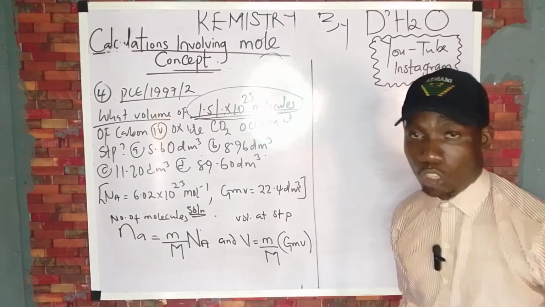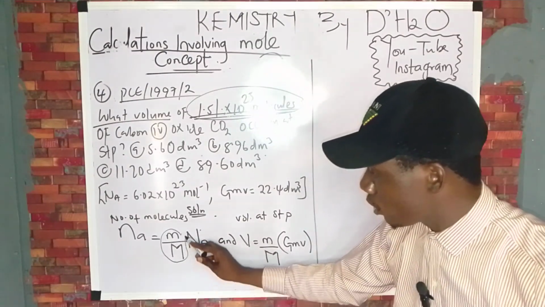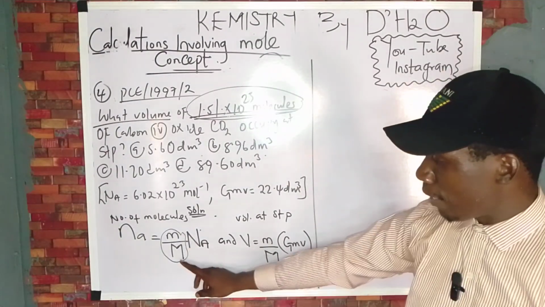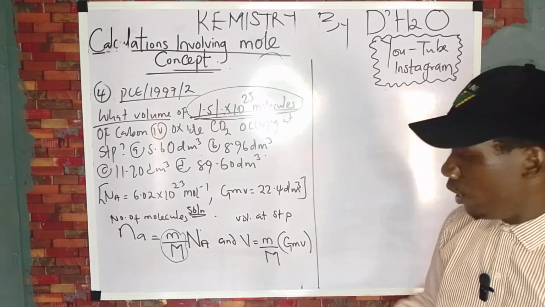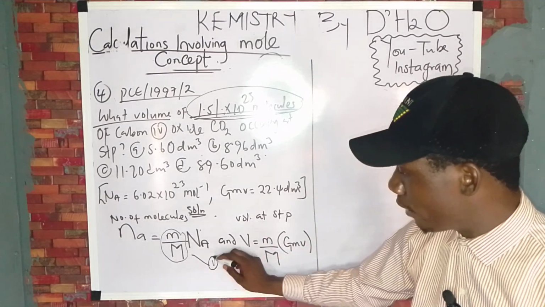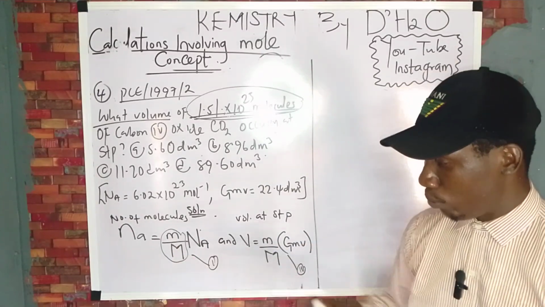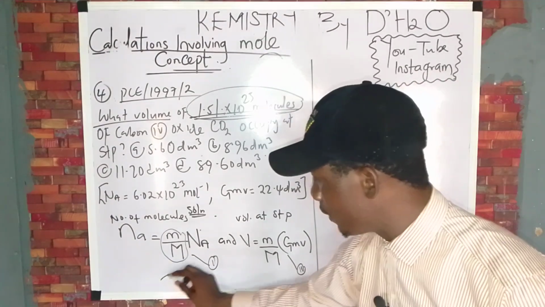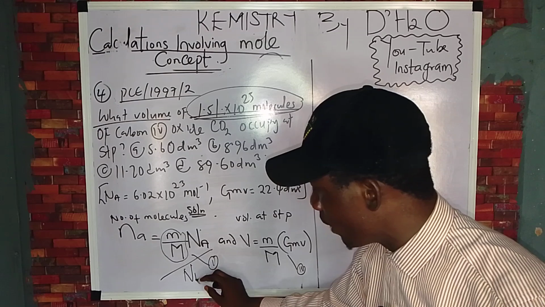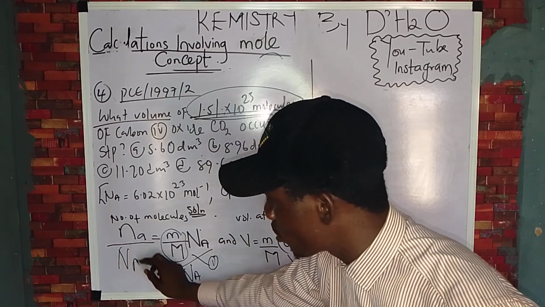First of all, what do they have in common? What they have in common is the mass over the molar mass. So you can make mass over molar mass the subject of the formula here, and substitute into this. If I call this equation 1 and this equation 2, how do I do that? I can divide this equation by the Avogadro's constant.